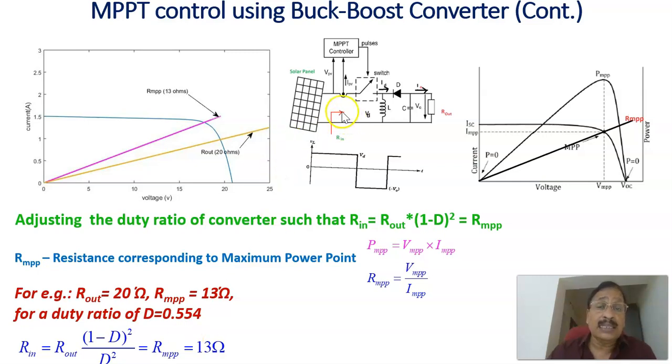Therefore, the resistance seen at this point is made the same as RMPP. Then maximum power will be transferred from the solar panel into the load. That is called maximum power point tracking. In this buck boost converter, you are adjusting the duty ratio and making the load resistance seen by the panel the same as RMPP.